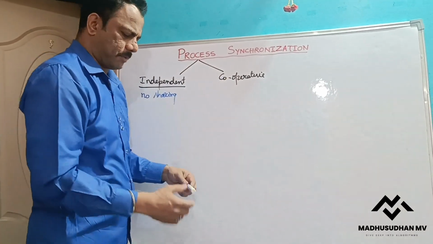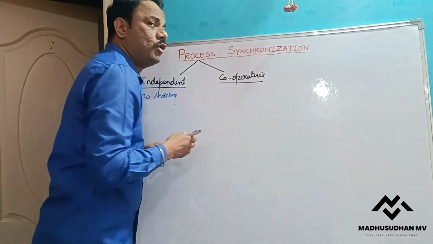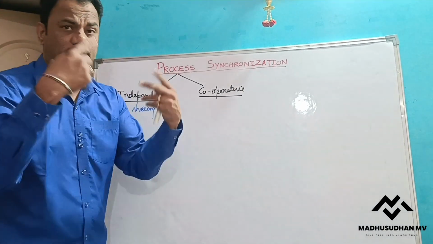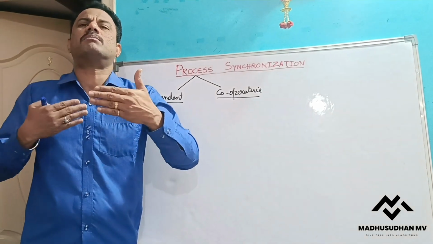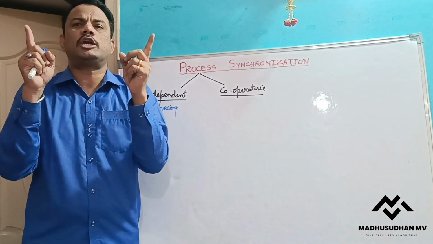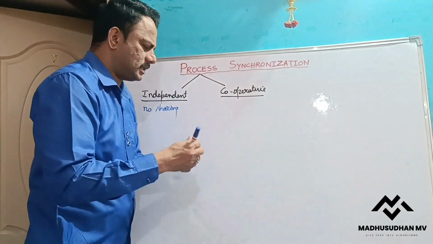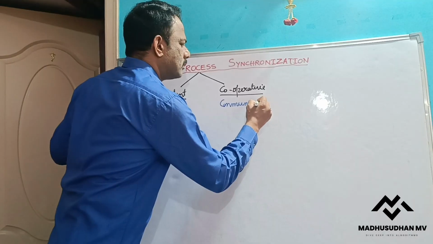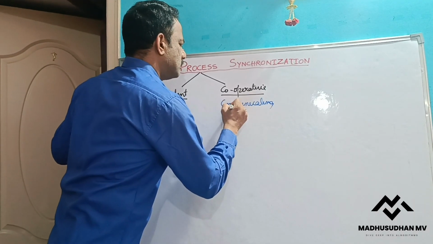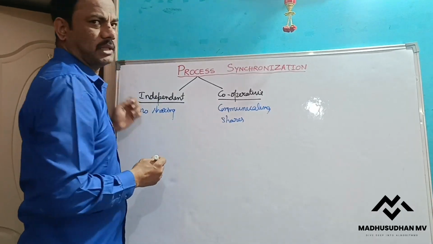Now we come to the cooperative process. Cooperative processes are the processes which communicate with other processes. Why do we need to communicate? Whenever we have something to share, only then do two processes have to communicate. Since these processes are communicating, they share something.